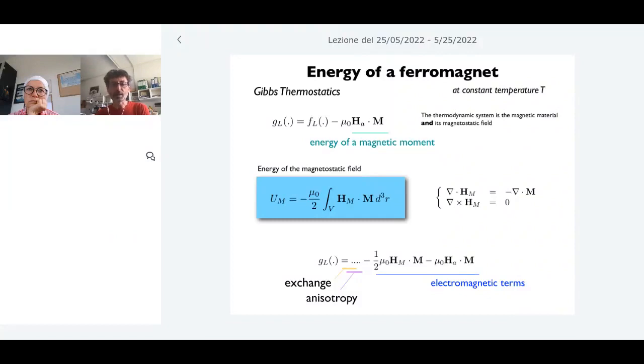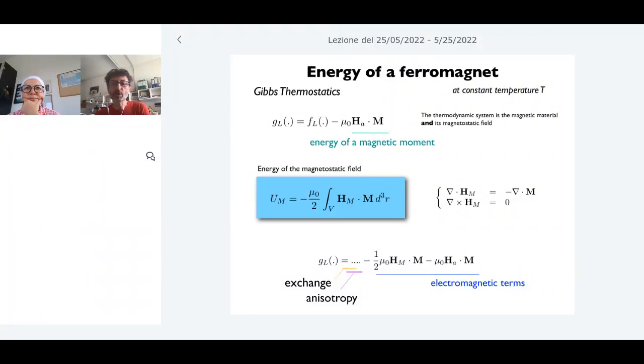As we discussed last time, we do not at the moment make any hypothesis of being at thermodynamic equilibrium or not. So what we do is to add a subscript that is L, which stands for Landau. So we write not really thermodynamic potentials, but energies, or let's say potentials, that in principle are not minimized yet.